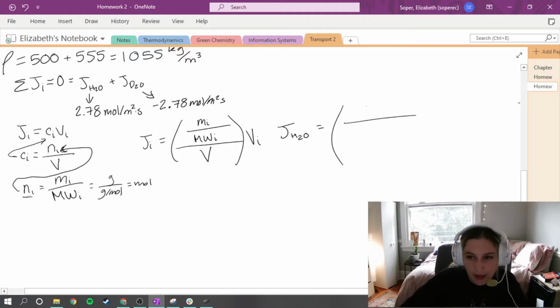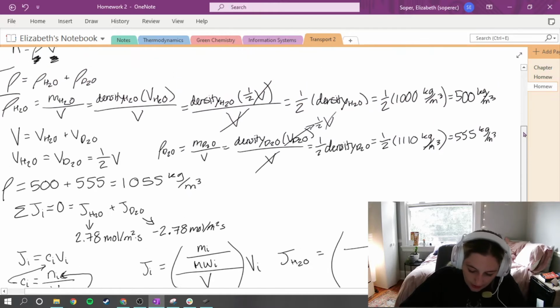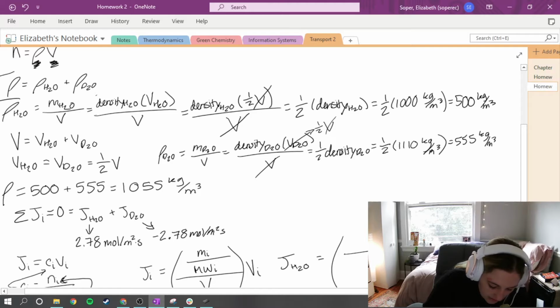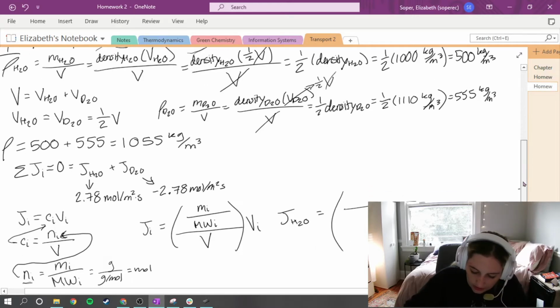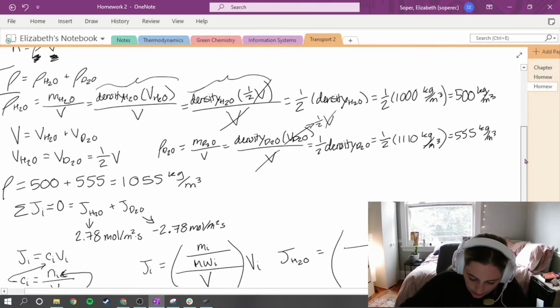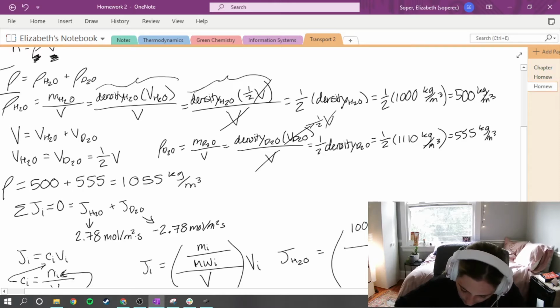We know that the mass of H2O we did up here is 1/2 of the volume times the density of H2O, because it's the density of H2O times the volume of H2O, which can be simplified to this. So let's plug that in here. We know that the density of H2O is 1,000.